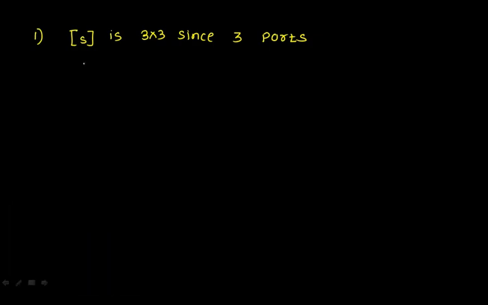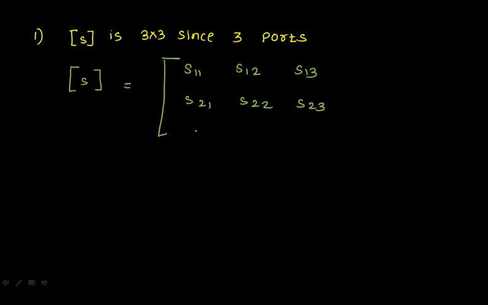So similarly, how we find the scattering matrix: 3 ports, S11, S12, S13, S21, S22, S23, S31, S32, S33. So this will be the scattering matrix. Now we know that there are 9 unknowns here to find out. Now second is nothing but the scattering coefficients.